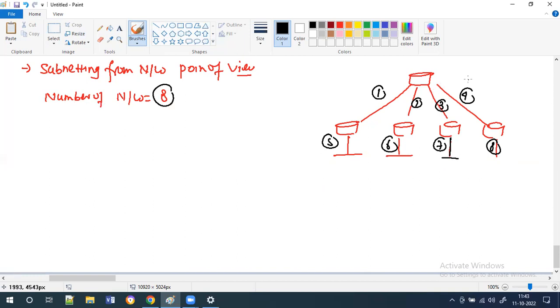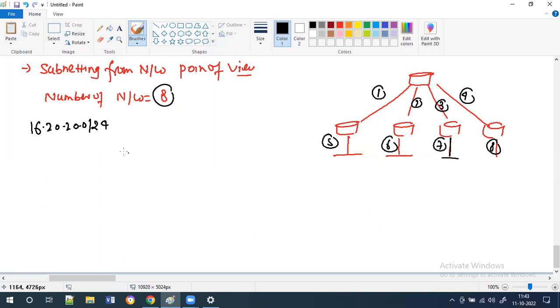Now this number 8. Last time in the host point of view, we were moving host bits into the network side. But this time we'll move network bits into the host side. So let's take the same IP address 192.168.20.0/24.